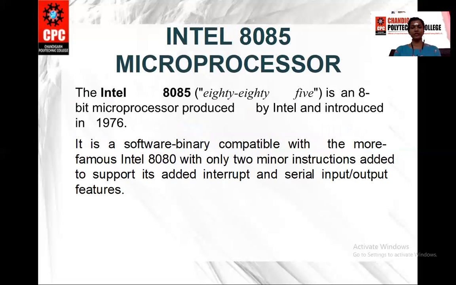Now, what is the 8085 microprocessor? The 8085 is an 8-bit microprocessor. That means it processes data of 8 bits at a time, and it was introduced by Intel in 1976.